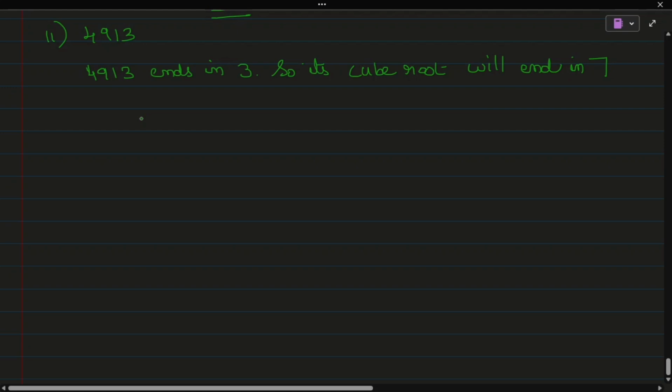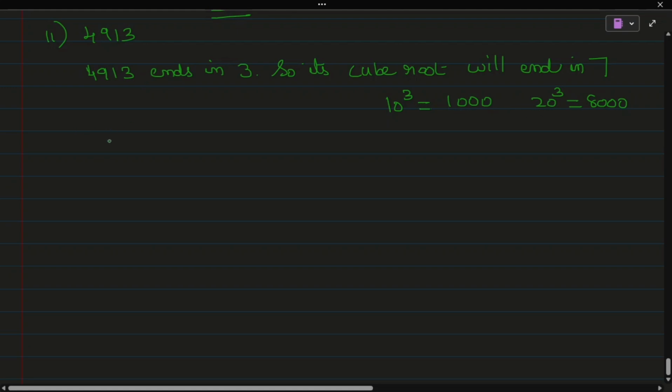Now you can see this: if you are taking 10 cube, you will estimate the value where it is coming. 10 cube is 1000 and 20 cube is 8000. And you can see the given number 4913 comes between 10 cube and 20 cube.